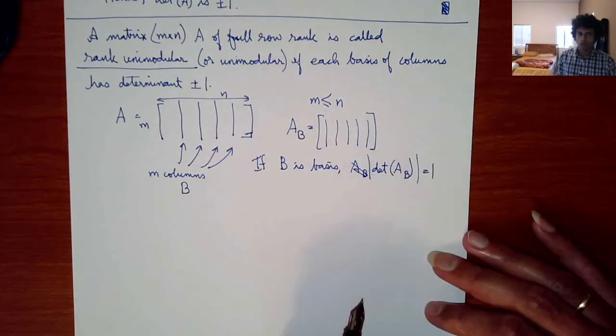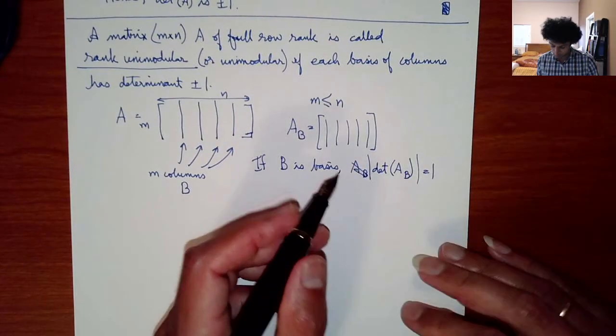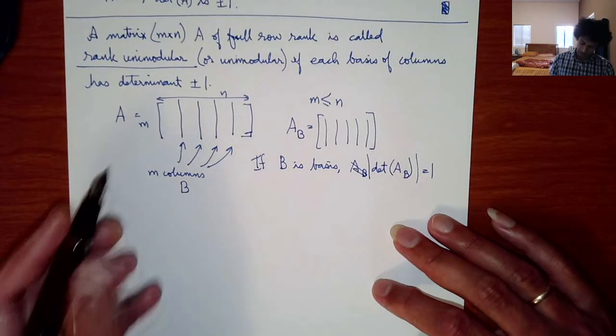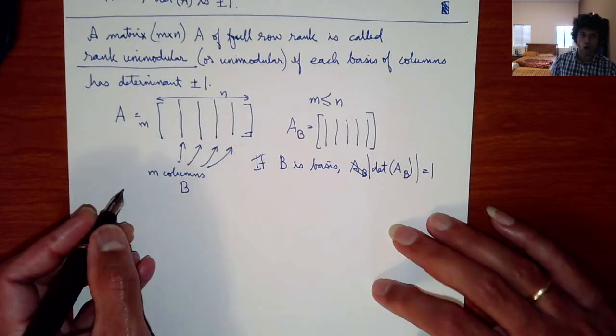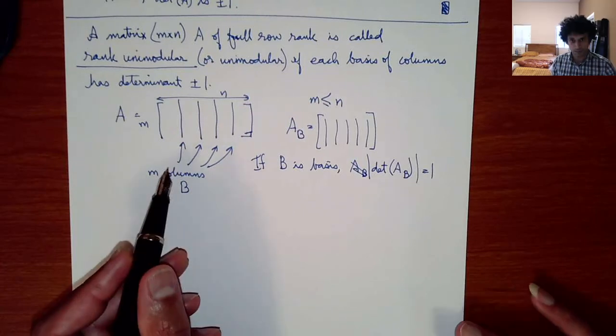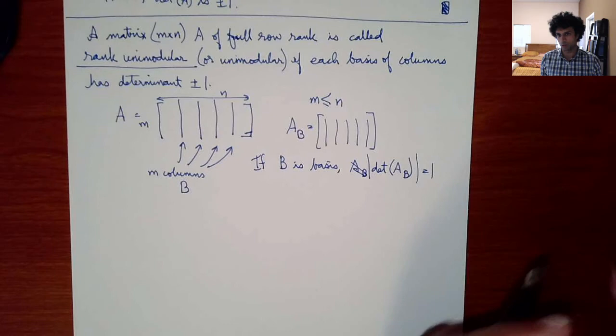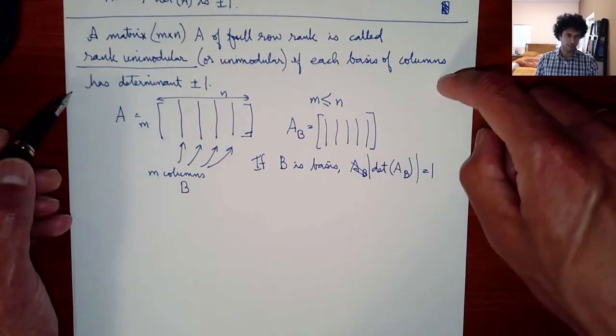Of course, if it is not a basis, then the determinant is 0. So another way of saying this is that for any subset of M columns, the determinant is either 0, 1, or minus 1. That's the same thing as rank unimodular, although I will just keep this definition.